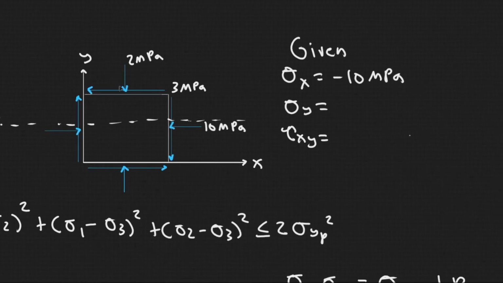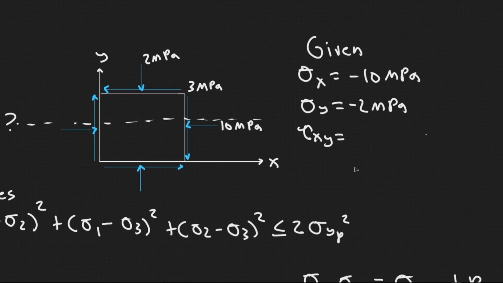And then for the y, you look at what's parallel. The 2 is parallel, and it's going in again, so it's negative. If it was going up, it would be positive. And then for the shear, what you want to look at is this value, the one in the corner. Depending on where the arrows point, it is positive or negative.